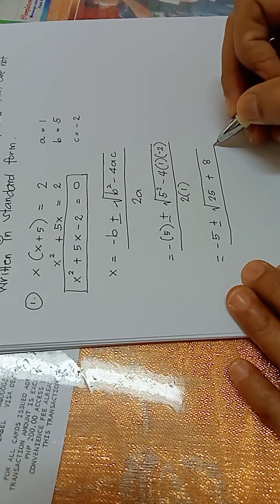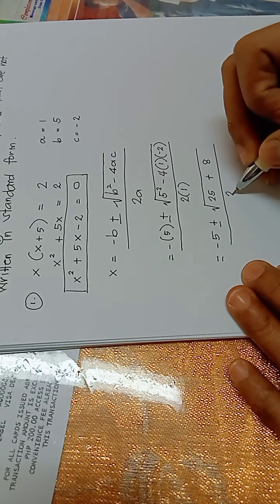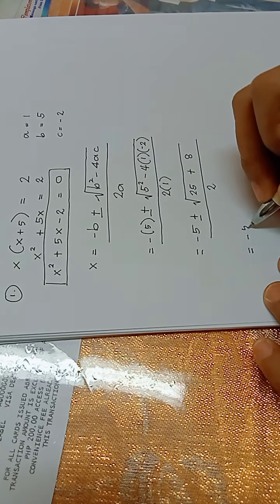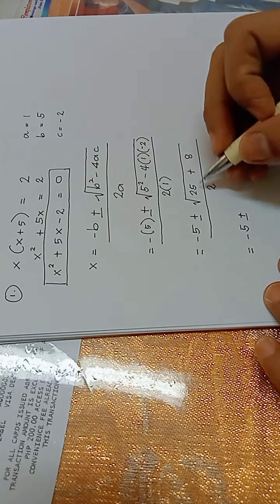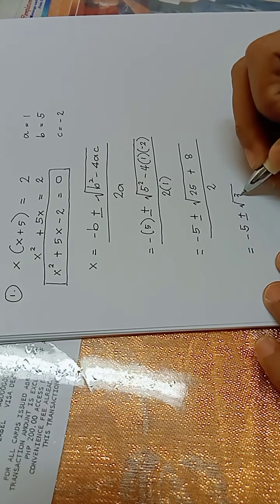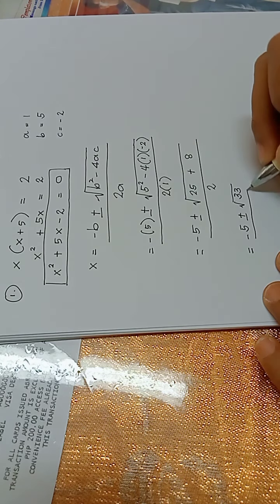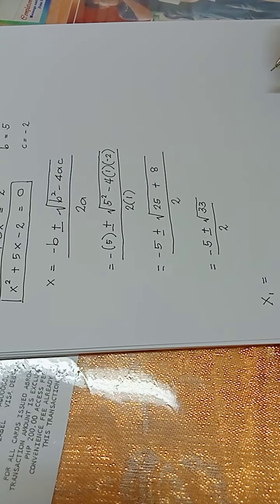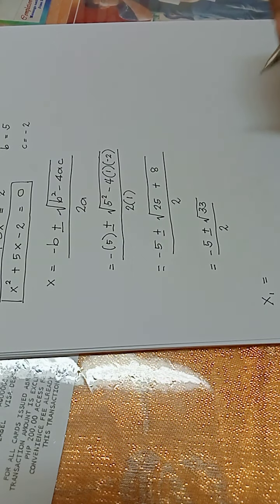Bring down fraction bar, 2 times 1 is 2. So, diretso lang ang pag-simplify natin. So, negative 5 plus and minus, add the number inside the radical symbol. 25 plus 8 is 33. Over 2.